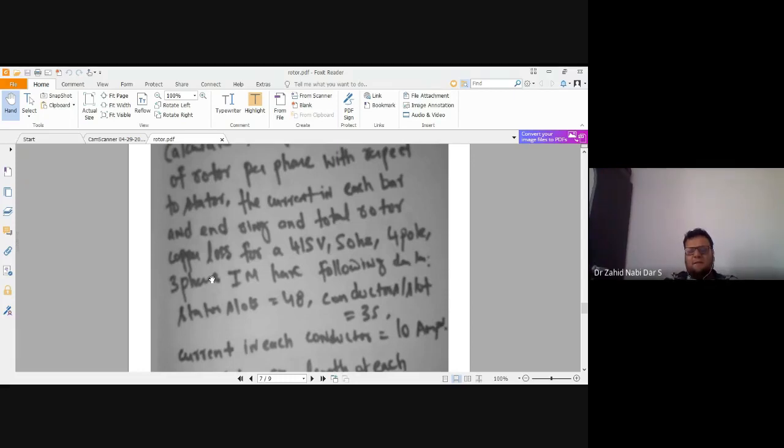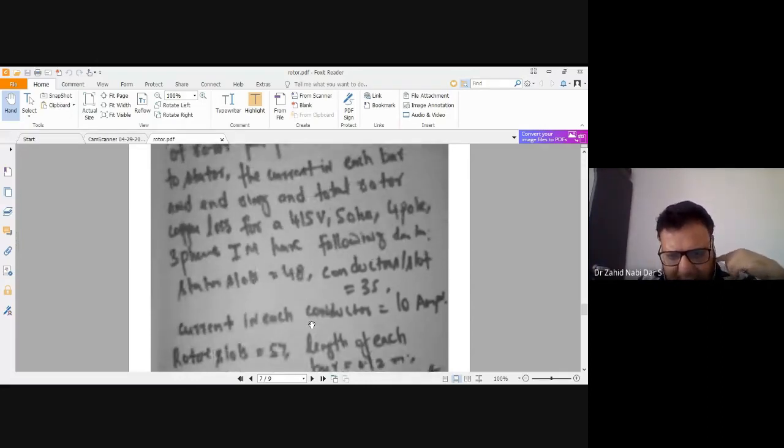Now in case of a 3-phase machine, your number of conductors is equal to 3 into 2 times T phase. That means your number of conductors Z will be equal to 6 times T phase. So by multiplying 48 and 35, you will get the number of conductors Z. So Z is equal to 6 times T phase. So T phase you can calculate. T phase would be equal to 48 into 35 divided by 6. So now you get the value of T phase.